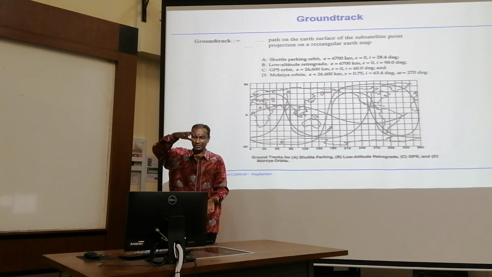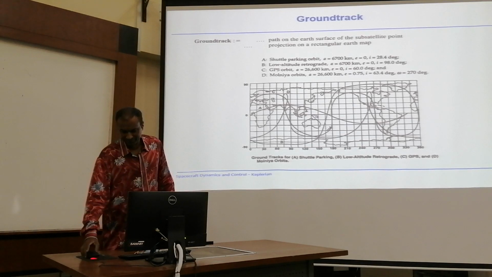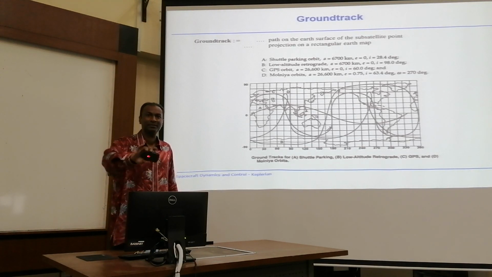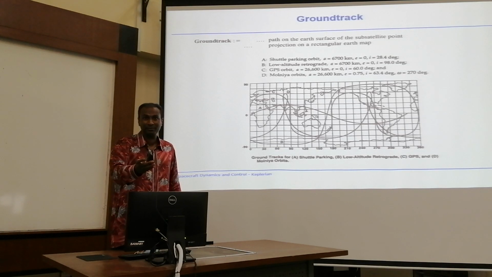A tumble means it tumbles. Now, in this case, look at this, tumbling at one point. Orbit control is okay, attitude control is off.